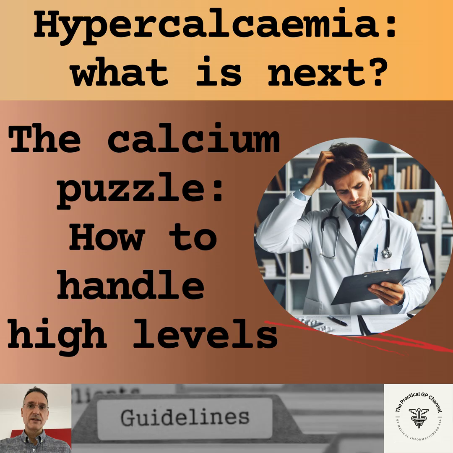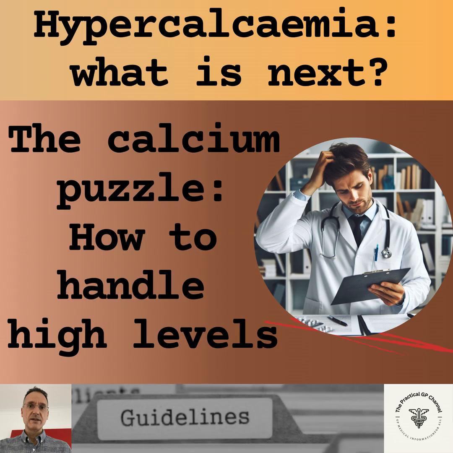So, as investigations, we should organize blood tests in order to check a full blood count, renal function tests, as hypercalcemia can cause renal impairment, sodium and potassium to assess for electrolyte imbalances that may coexist, to check a repeat corrected calcium to ensure that it is not a lab error, also to check phosphate levels and alkaline phosphatase, which may suggest bone involvement, such as malignancy or Paget's disease.